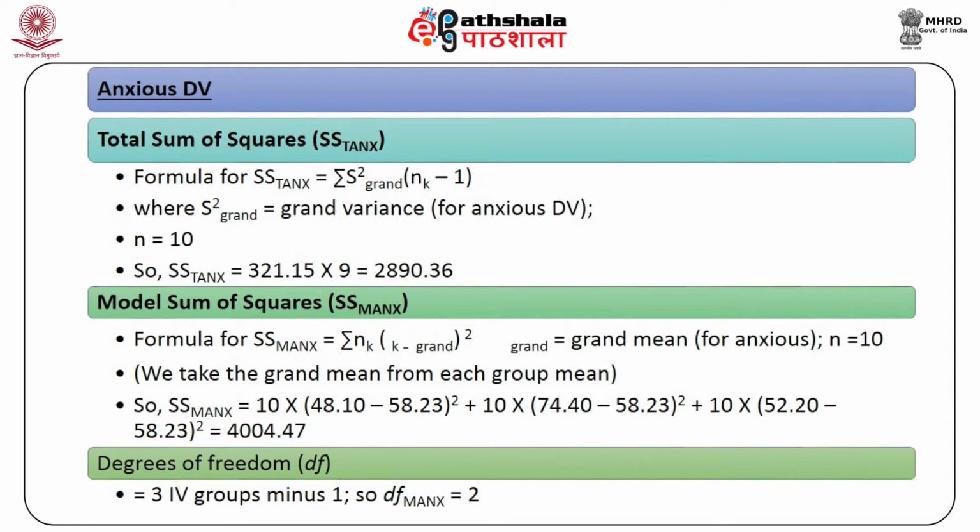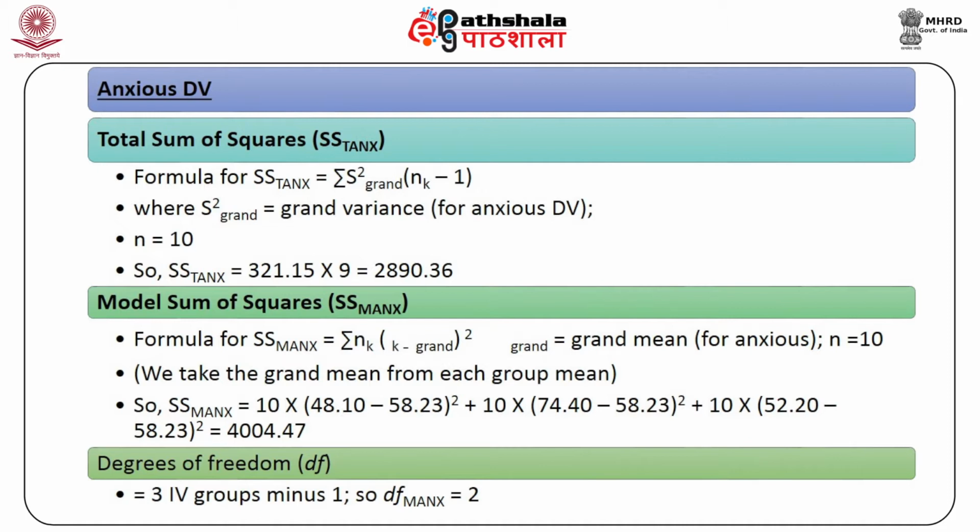So, sum of square would be 4004.47. The degrees of freedom for 3 independent variable groups will be 3 minus 1, that is 2. The model mean square will be equal to the sum of square divided by the degrees of freedom.